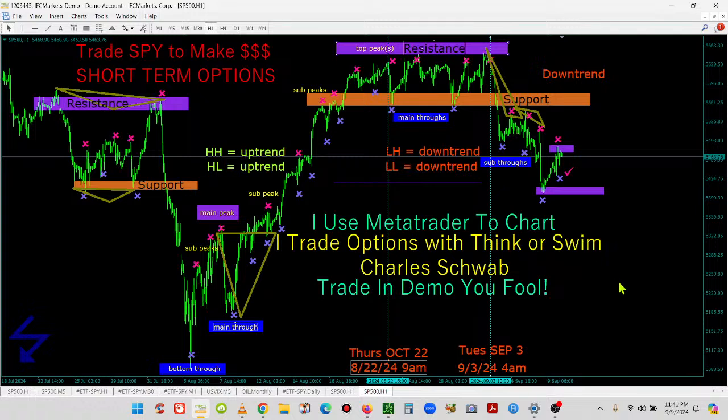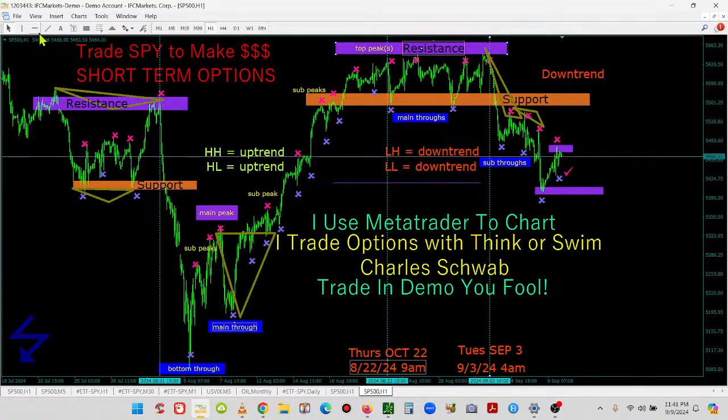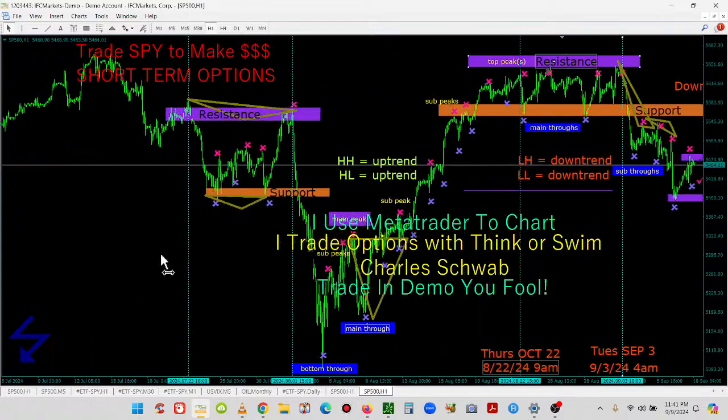Okay, and it tanked before back here. Things happened back here where it stalled out right there. It tried to go up, wasn't happening.